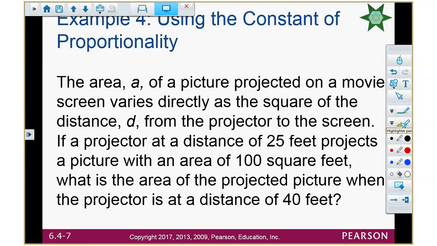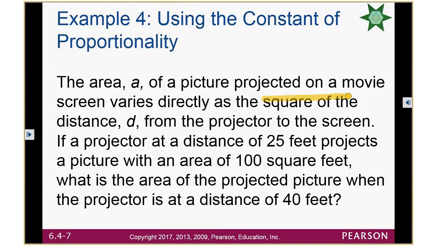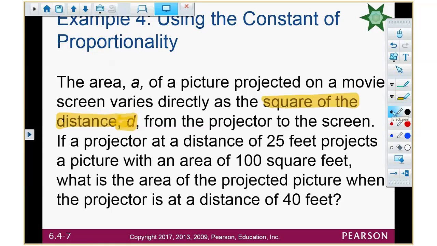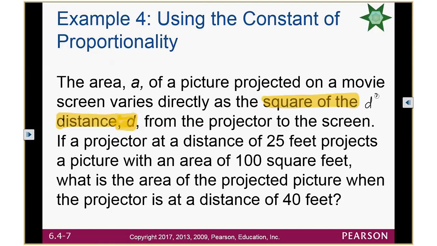Varies directly as the square of the distance. Now I want you to highlight that. Go ahead and write this down. Now take the highlighter out. And the square of the distance, D, when you see that, the square of the distance, H, the square of the distance, Z, the square of the distance, P. I'm just going to go ahead and tell you, when you see those words, that's going to be D squared. The square of the blah, blah, blah, P, that would be P squared.